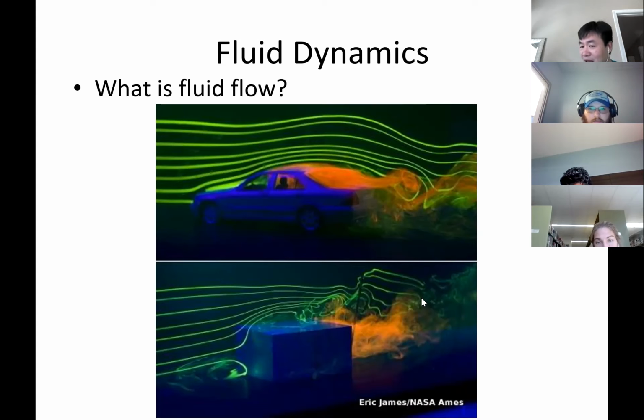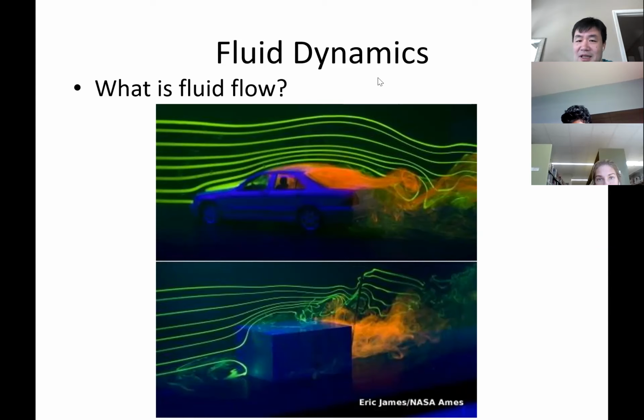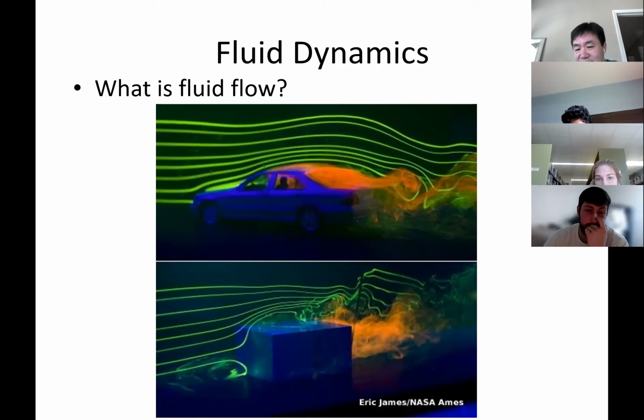So, educated guess, which one has a better performance in terms of, let's say, drag? Can you tell by looking at this wind tunnel result? Educated guess, which one has a smaller drag?